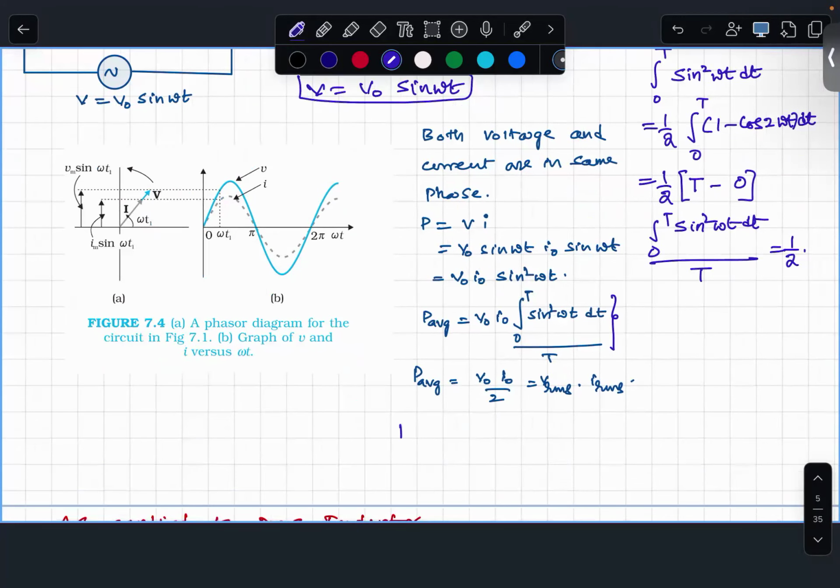And this can further be written as V RMS I RMS. Remember, this is the case where AC is applied to a pure resistor. Any doubts till this time?